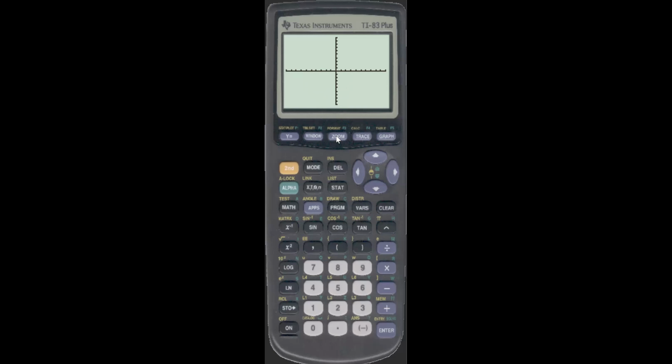So your calculator has some capabilities. If you go to zoom, do not go to zoom out. Go down to what is called zoom fit. So this is kind of a cheat. The calculator tries to get a window that it thinks will work for you. Does it work every time? No, but it's a pretty good starting point. So choose zoom fit.